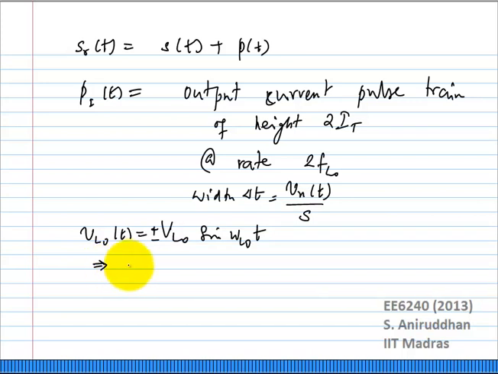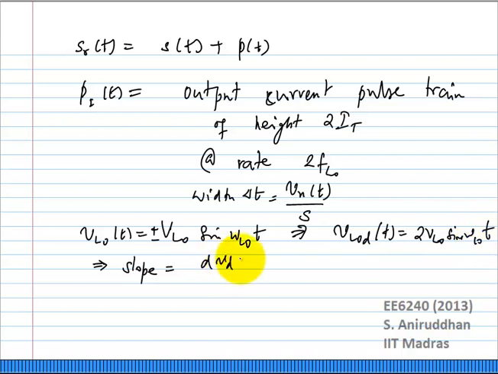Which means the slope. So of course, first of all, we are primarily interested in the differential signal. VLOD is sin omega LO t. The slope is d by dt of VLOD, cos omega LO t.